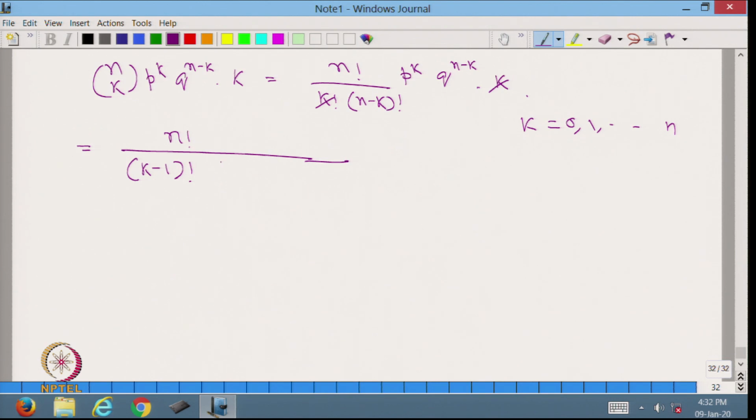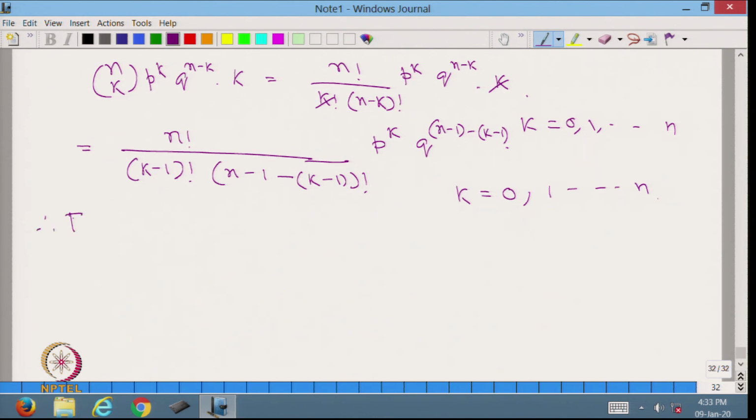We write it as n minus 1 minus k minus 1 factorial p to the power k q to the power n minus 1 minus k minus 1, k is equal to 0, 1 up to n.